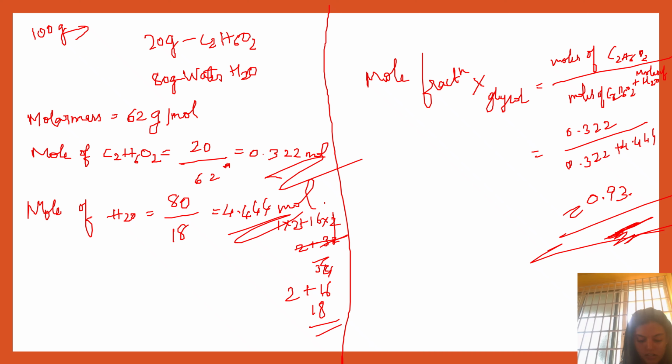Sorry. The mole fraction of ethylene glycol answer is 0.068.